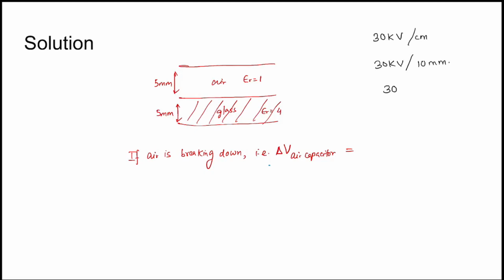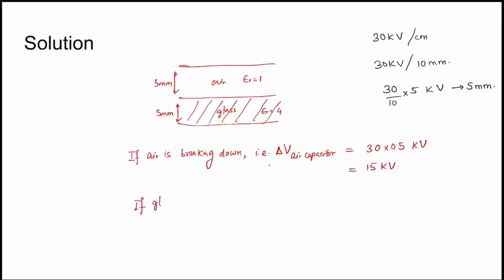So per millimeter it will be 30 by 10, times 5 kV for 5 millimeter. So the breakdown will occur at 30 into 0.5 kV, which is nothing but 15 kV.